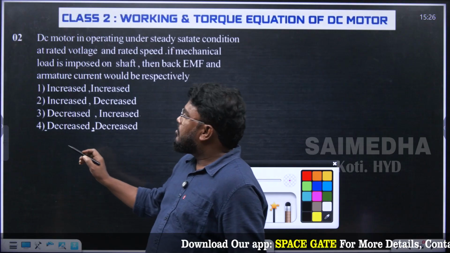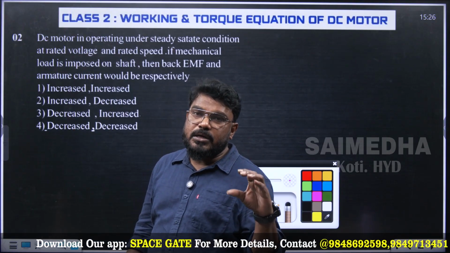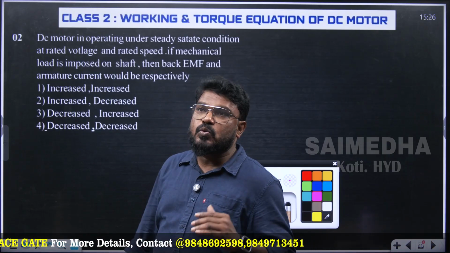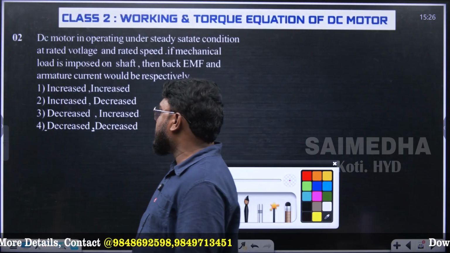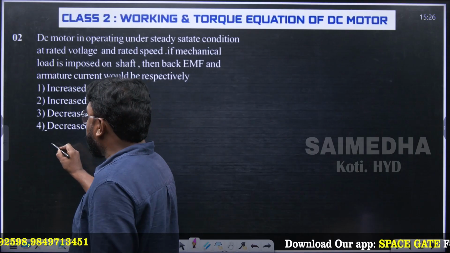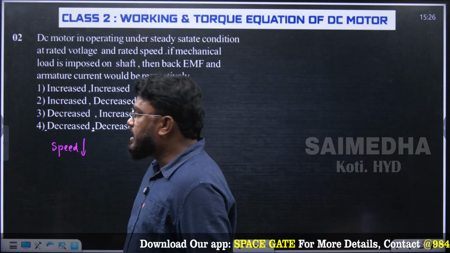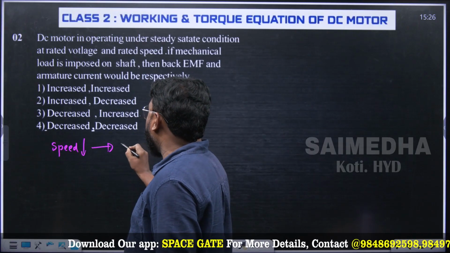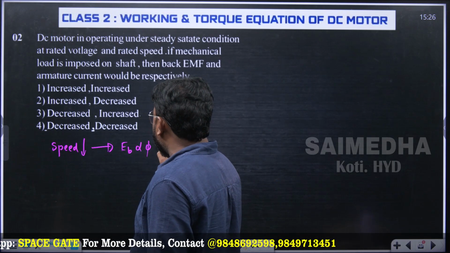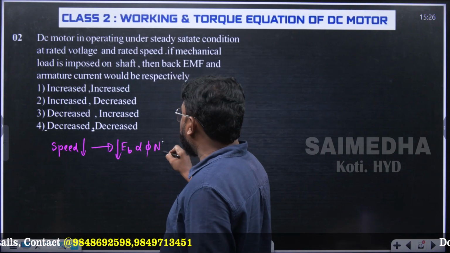Now see here, if mechanical load is imposed on the shaft of the DC motor, the speed of the motor will decrease due to the deacceleration. Speed is denoted by N. So the speed of the motor decreases. With the decrease in speed, what will happen to the back EMF? Back EMF is directly proportional to the product of the flux and the speed. So the back EMF of the motor decreases.